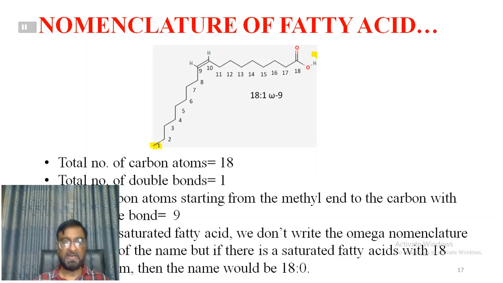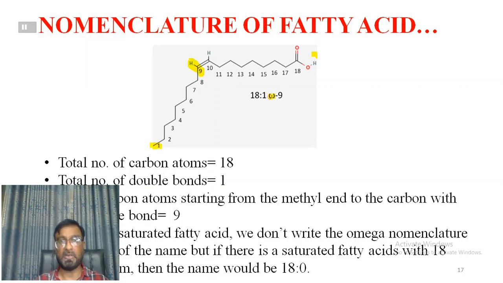And again, when we are counting from here, the double bond exists at the number 9 carbon atom. So we will call it omega 9. This is the symbol for the omega, and it is called this because the first double bond exists at the 9th carbon atom.